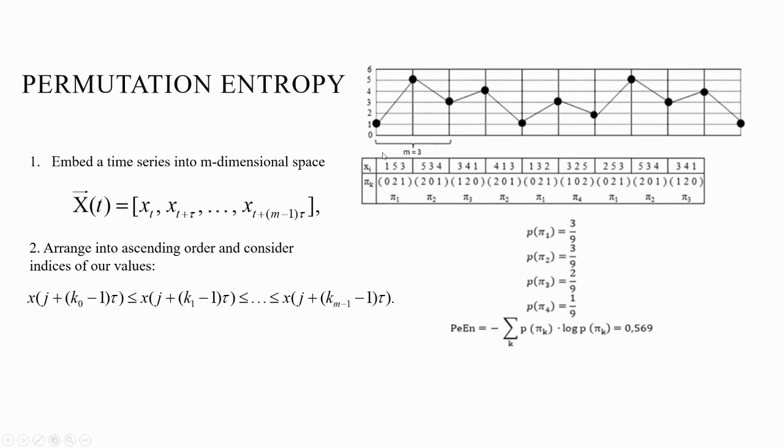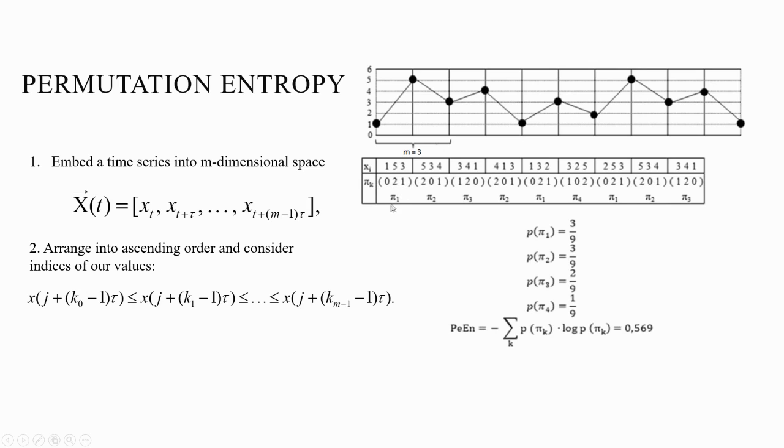For example, we can consider embedding dimension m equal to 3 and tau equal to 1. And we consider these three values 1, 5, 3. Accordingly, they have indices 0, 1, 2. Then we sort them in ascending order, and we have the corresponding pattern 0, 2, 1.